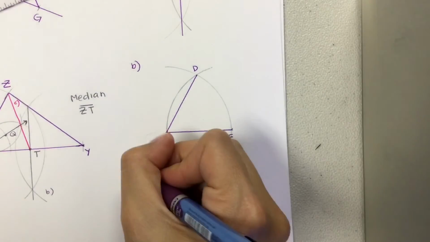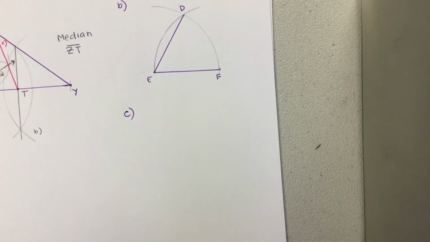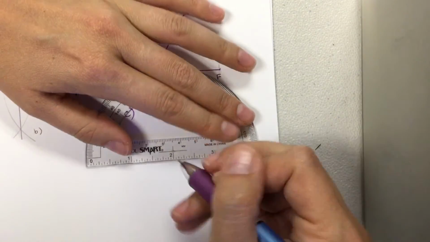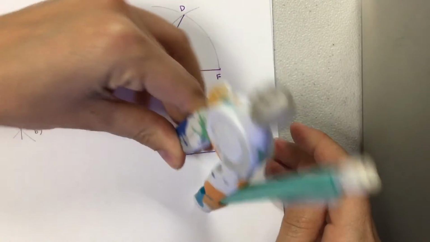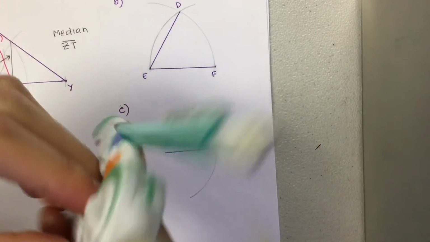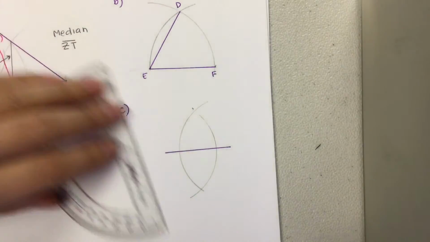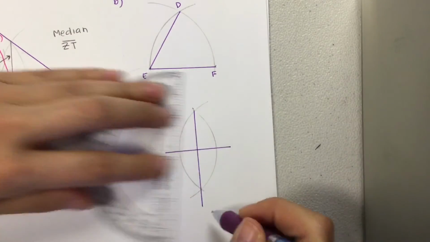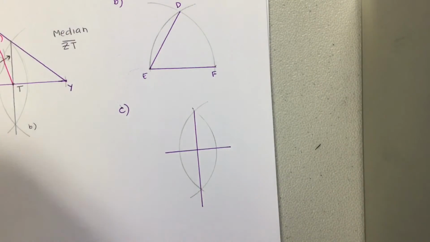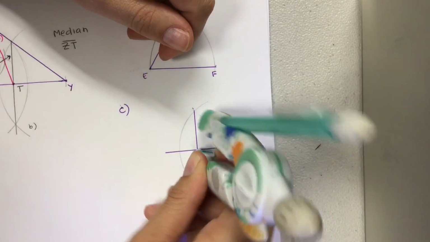For part C, we want to construct a 45-degree angle. 45 degrees is half of 90 degrees. So I'm going to construct a 90-degree angle first by taking a segment and bisecting it. So we want to create that perpendicular bisector. All right, so here we have 90 degrees. Now 45 degrees is half of 90 degrees, so I'm going to bisect one of the corners.